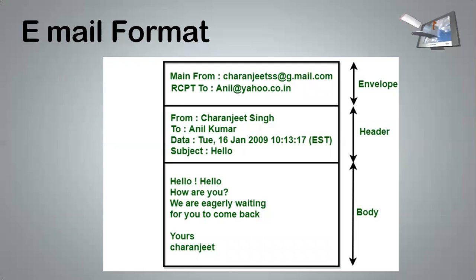This diagram shows the envelope, header and body of the email. The envelope contains the sender address and receiving address, and the header contains the time, date, and the subject of the mail. Then the body of the message contains the original message to be sent by the sender.